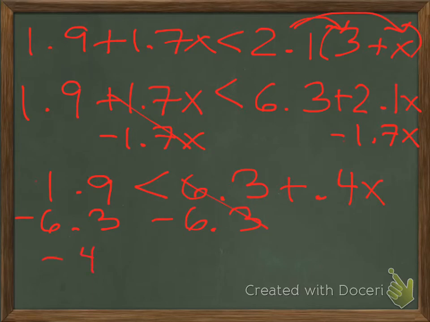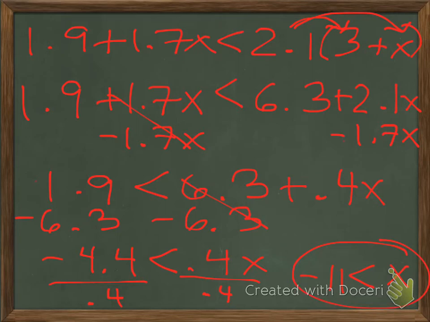I get negative 4.4 is less than 0.4x, and finally divide by 0.4. So I get negative 11, and I keep my symbol the same because I didn't divide by a negative, so I have x is greater than negative 11.